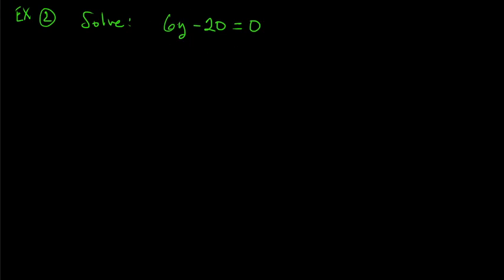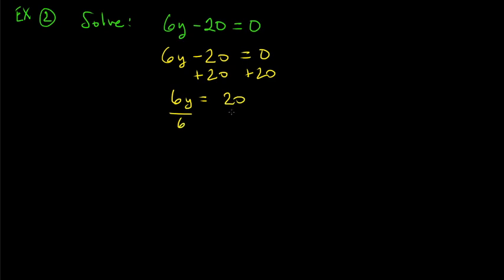Okay, so the fact that this is y instead of x, don't let that bother you. There's the equation. You know you're going to add 20 to both sides, and then divide both sides by 6. So you get y is equal to 20 over 6, which you know reduces to, right, 20 is 2 times 10, and 6 is 2 times 3.